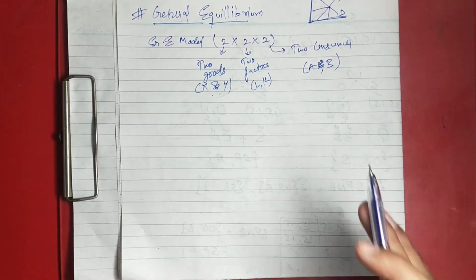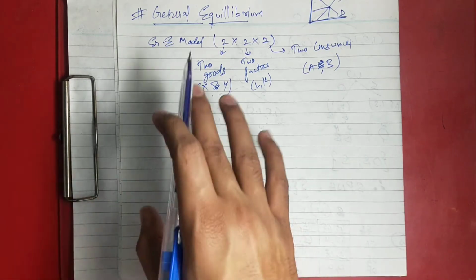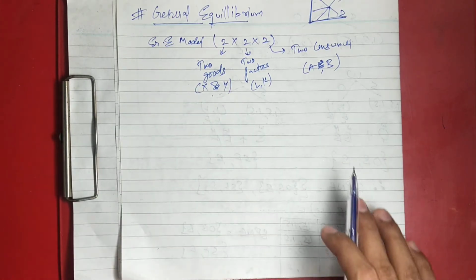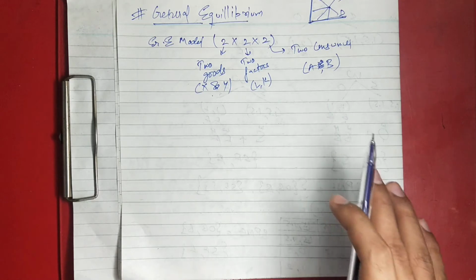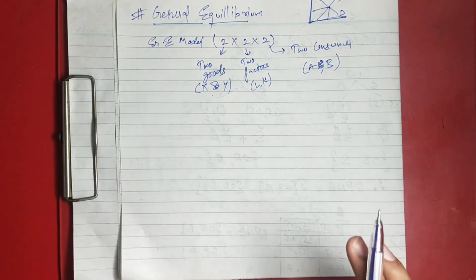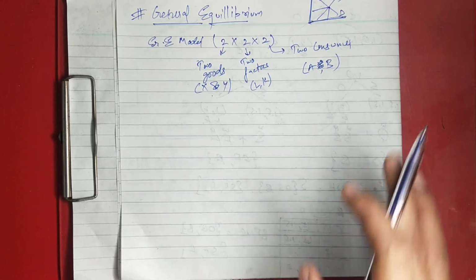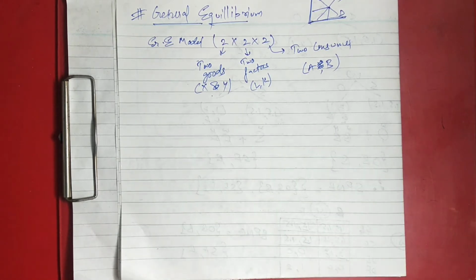So earlier, before now, you were only studying the partial equilibrium, and from now you will study general equilibrium. So what was the reason behind the partial equilibrium theory?